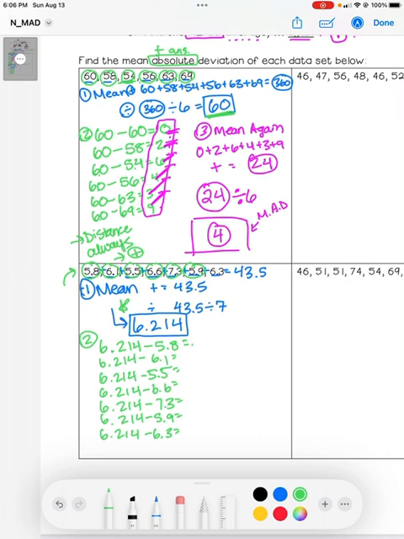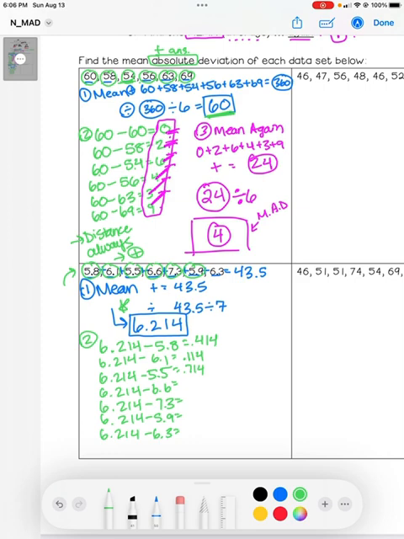I need 6.214 minus 6.1, which is 0.114. It's 6.214 minus 5.5, which is 0.714, 714 thousandths.